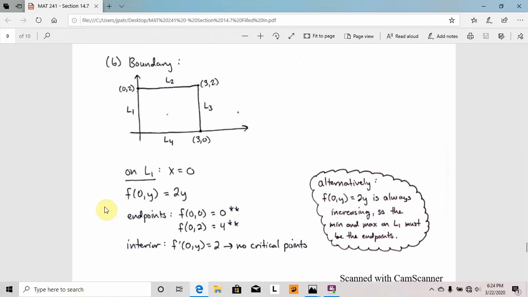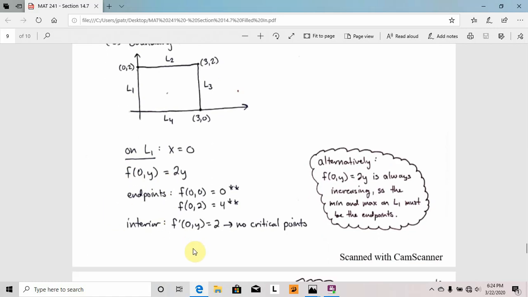And then generally, without using anything extra, so avoiding the cloud over here for now, I'll come back to that in a second, if you just check the endpoints of that line segment and then look at the interior, that will always work. So I check the two endpoints. So f of the origin, you get 0, and then f of (0, 2), so the upper endpoint of L1, right, up there, you get 4.